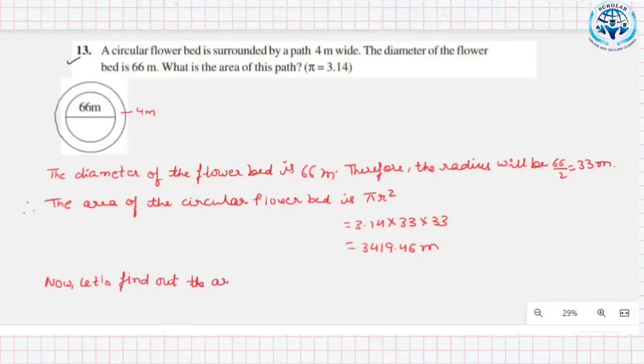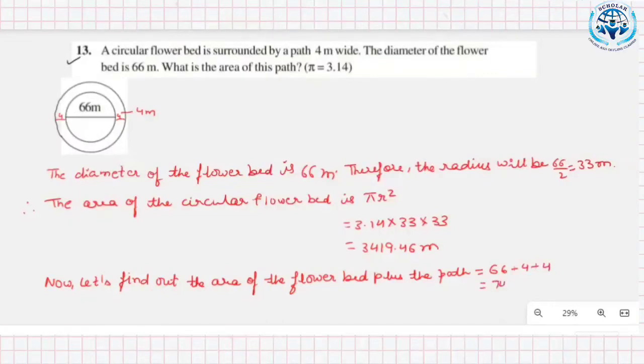Now, let us find out the area of the flower bed with path. The diameter will be 66 plus 4 plus 4.